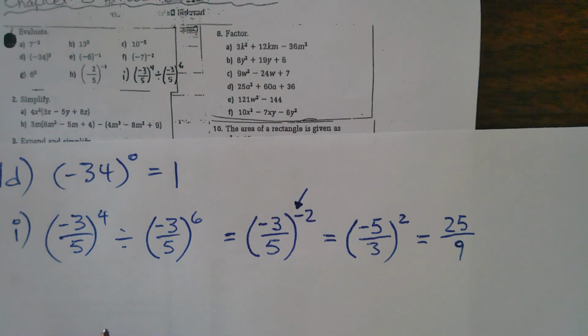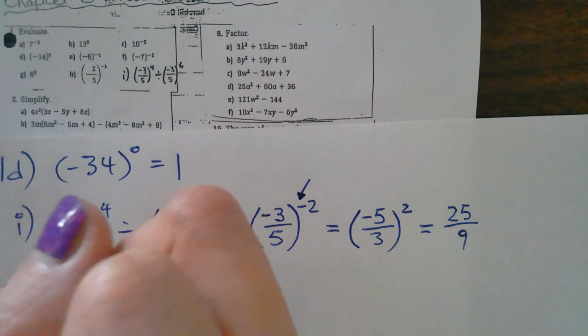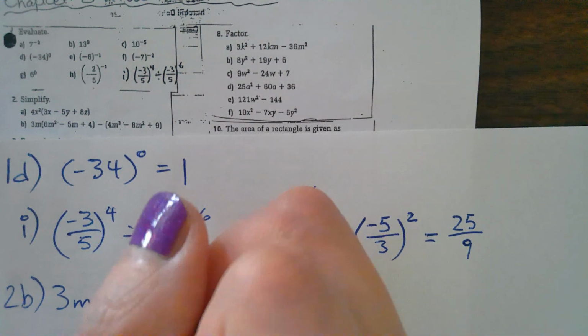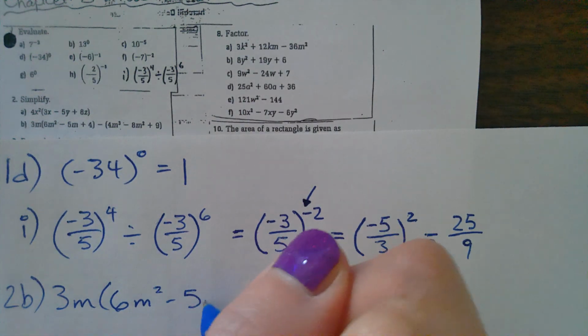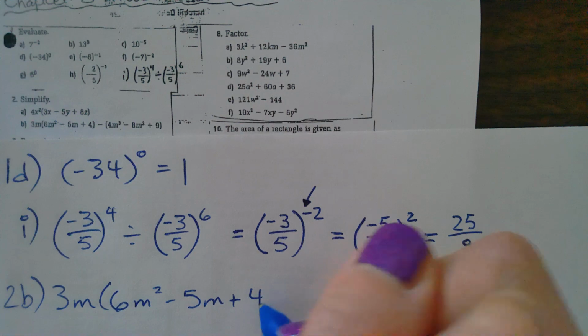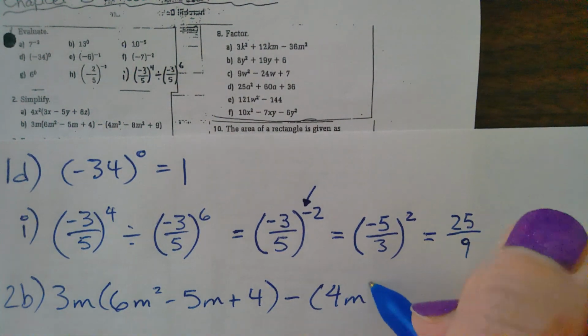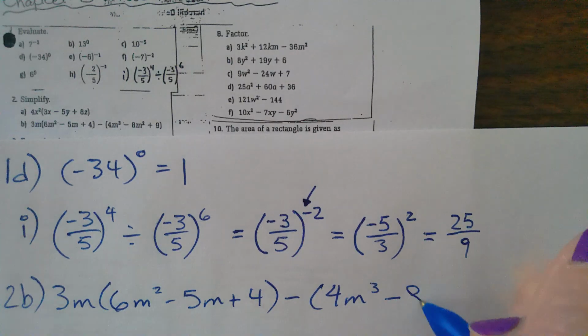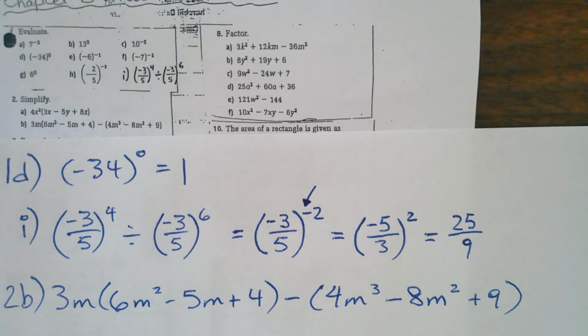Alright, 2B. So, Gavin, I see brackets. So what should I do? I see brackets. So if it says simplify, it means expand it, right? That means I want to drop the brackets.